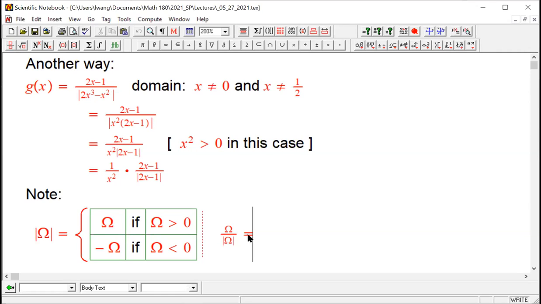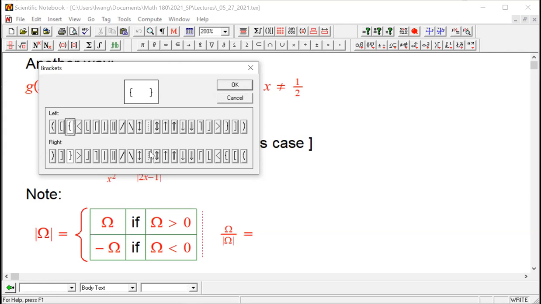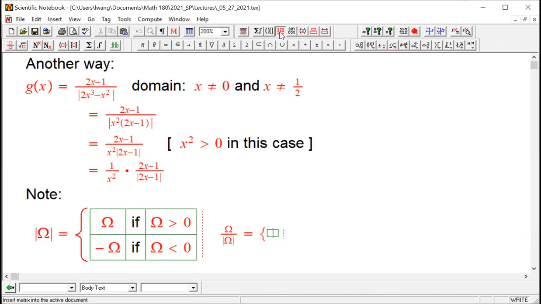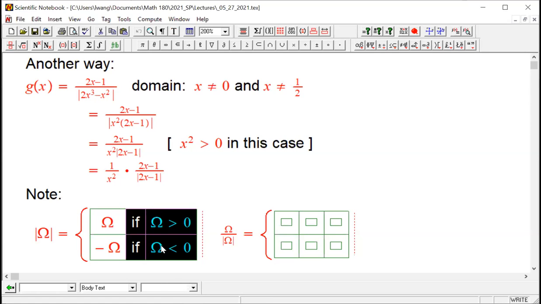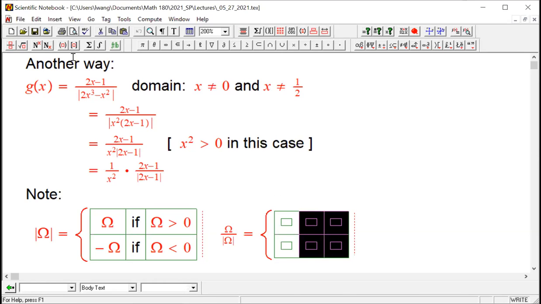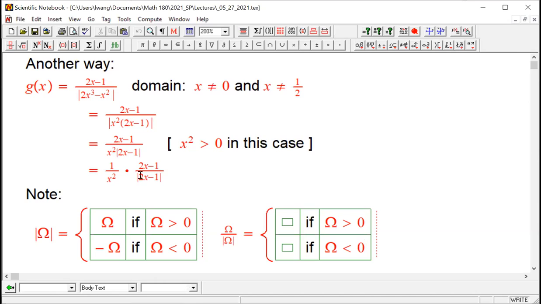Now, what does that mean? Well, look at this. Conditions stay the same for the denominator. The denominator has absolute value, right?